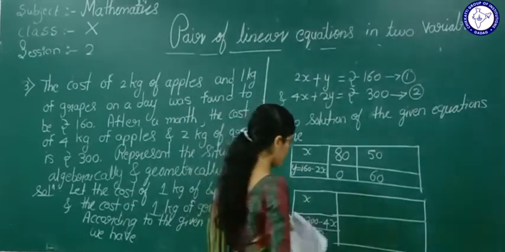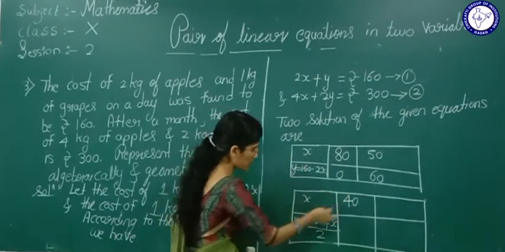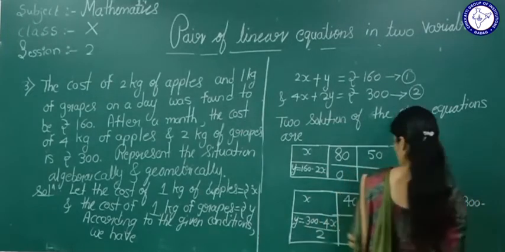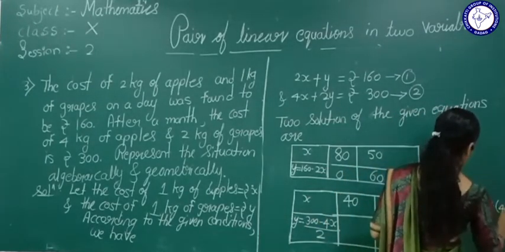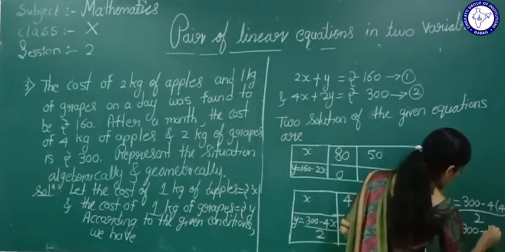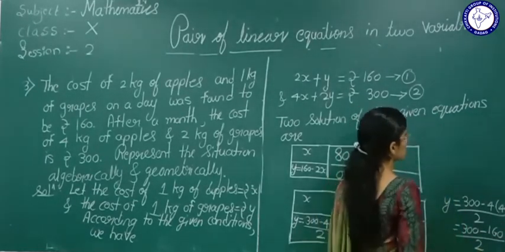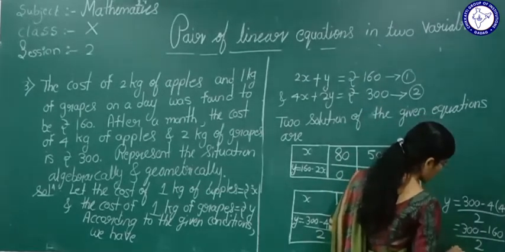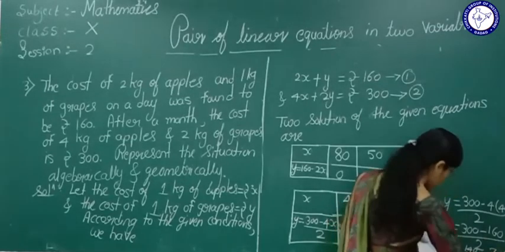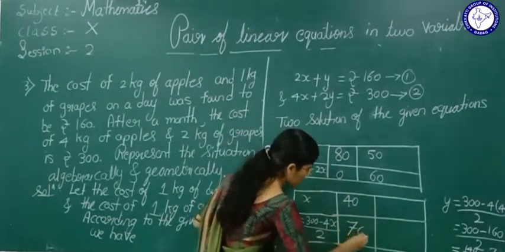If I substitute x value 40, what will we get for y? y is equal to 300 minus 4 of 40, by 2. 4 4s are 16, so 300 minus 160 is 140. What is 140 divided by 2? It is 70. Okay, if you put x value 40, we get y value 70.